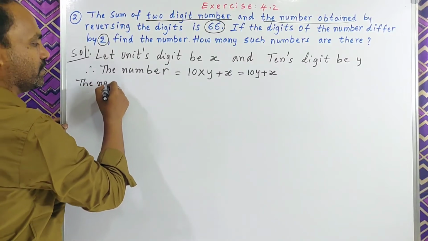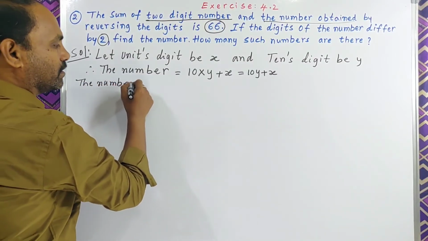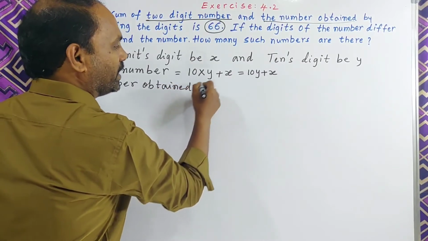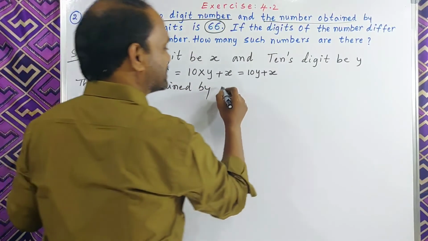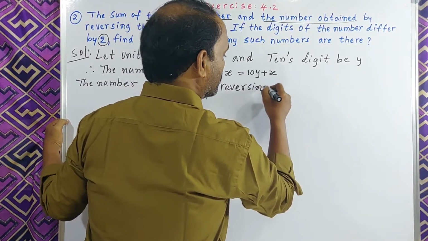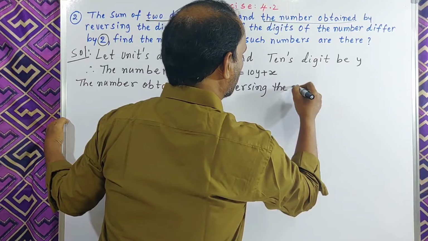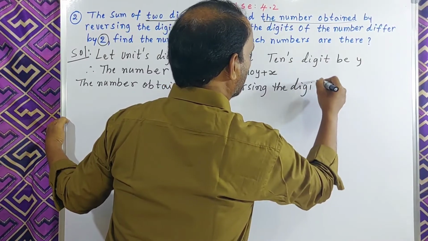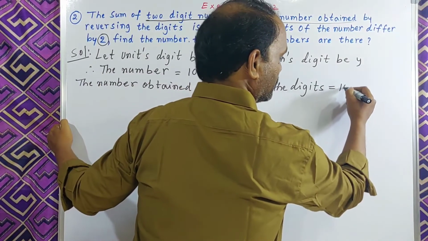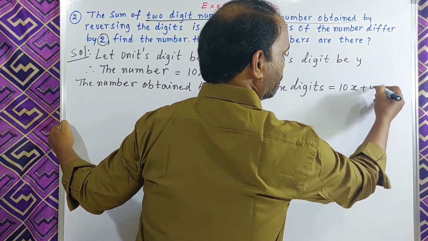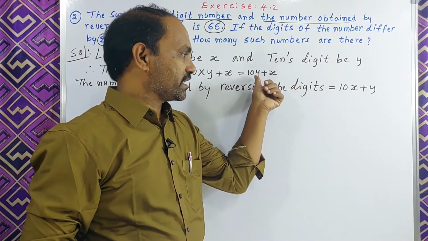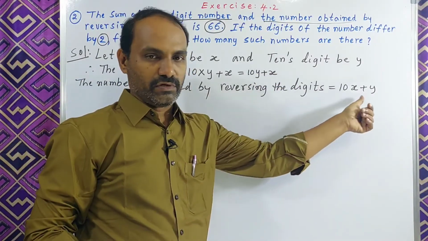The number obtained by reversing the digits is equal to 10x plus y. Is it understood?